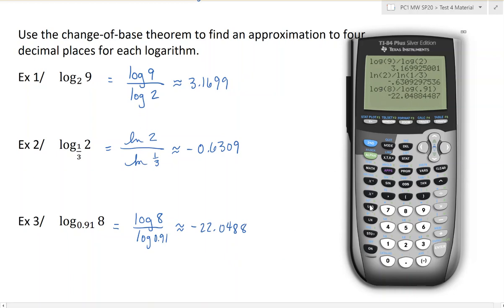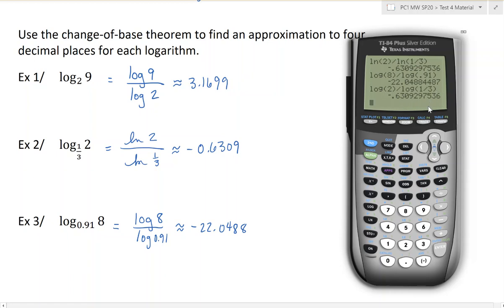All right, just as a demonstration, we can go back up to this one. Say that we decided instead of doing natural log that we wanted to do the log base 10. So we can do log of 2 divided by the log of 1/3, and that comes out exactly the same as if we did it with natural log.